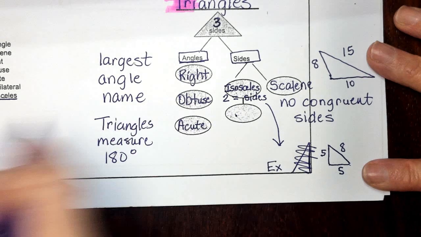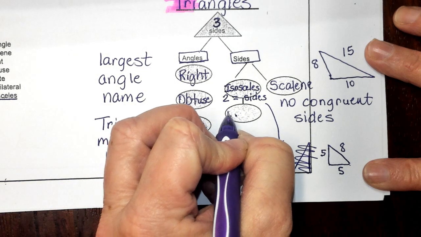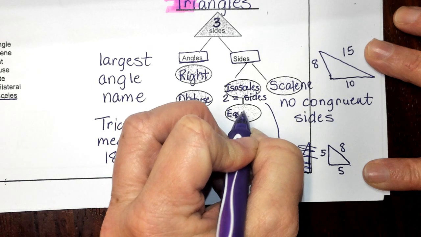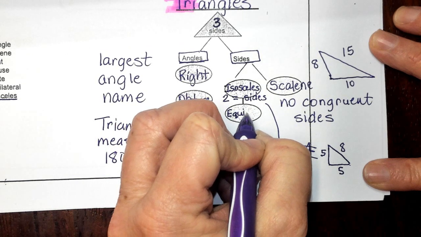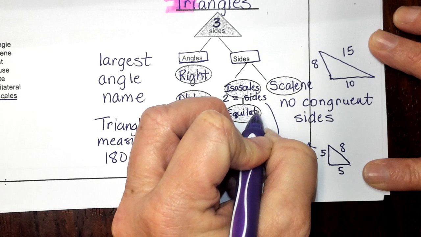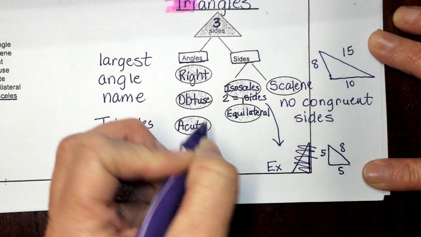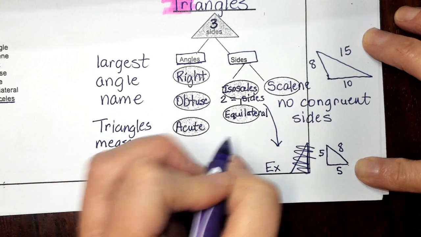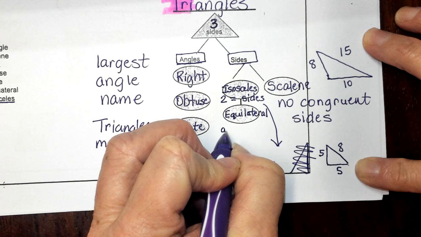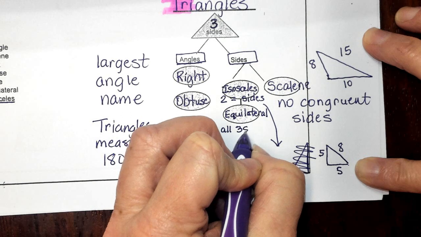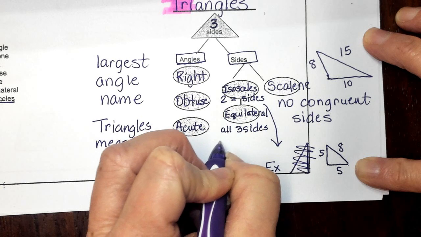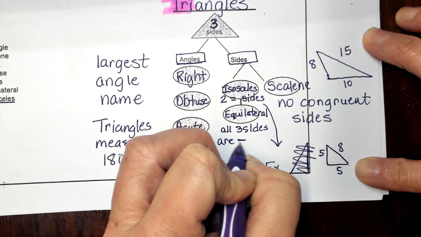And then finally we have equilateral. What does equilateral sound like? Like equal, right? So what do you think about the sides? They're all equal. All 3 sides are equal.